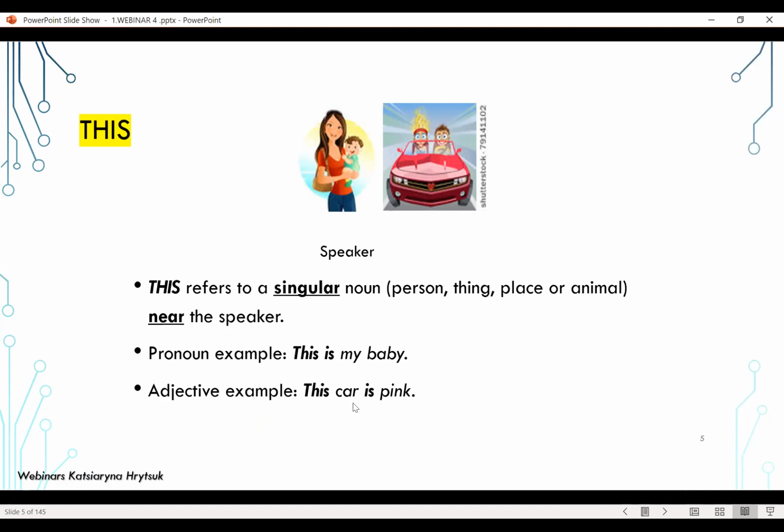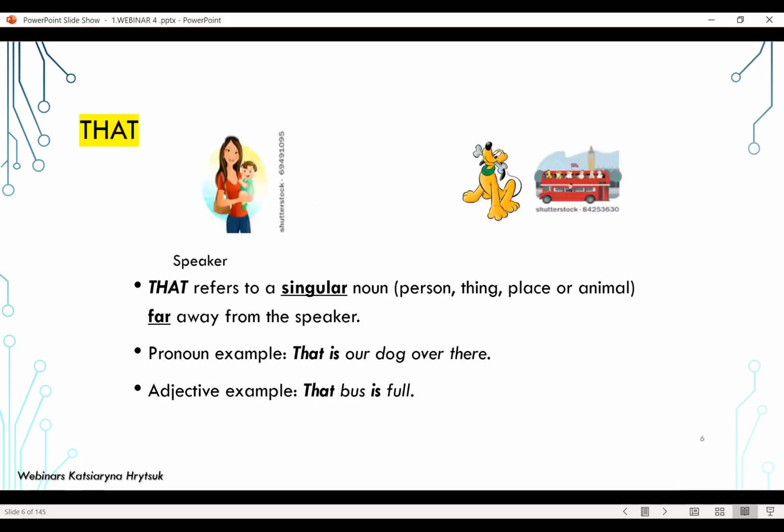So we say pronoun example and adjective example. Next, that. Again, pronoun example: that is our dog over there, far away. And adjective example: that bus is full. It's called adjective example.